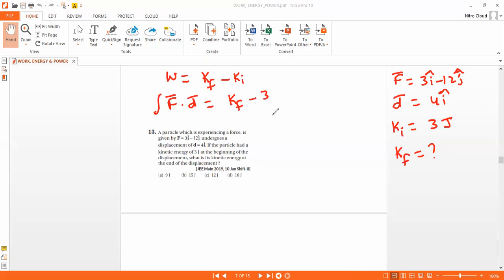F bar dot D bar means 3 I cap minus 12 J cap dot 4 I cap is equal to final kinetic energy minus 3. So what we'll get is 12.